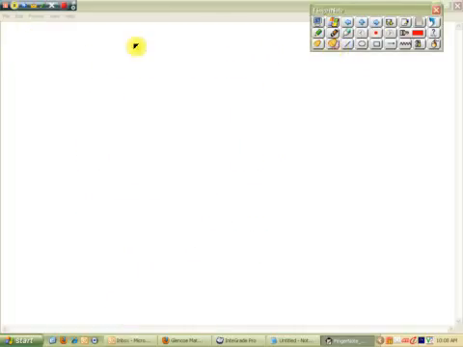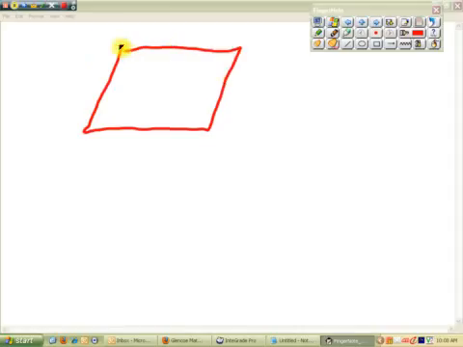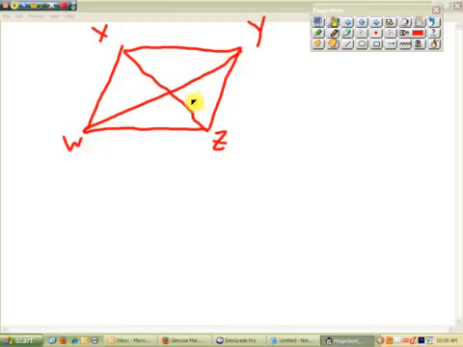Number 2. So we're going to use another parallelogram, X, Y, Z, W. This time they didn't give us the letters in order, but it doesn't really matter. They say YZ is a diagonal, which is this line here, and WY is a diagonal.